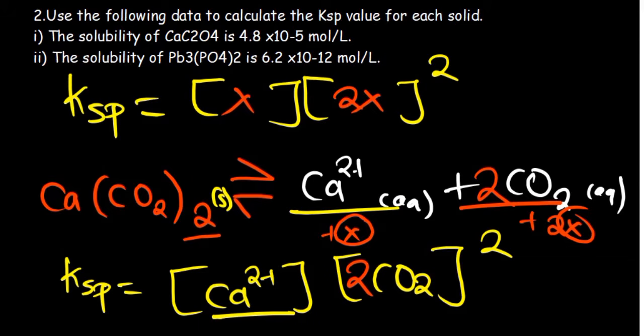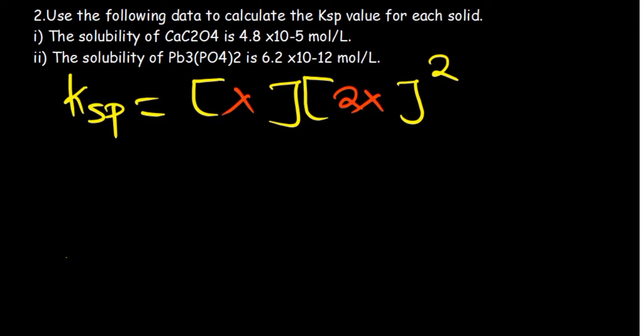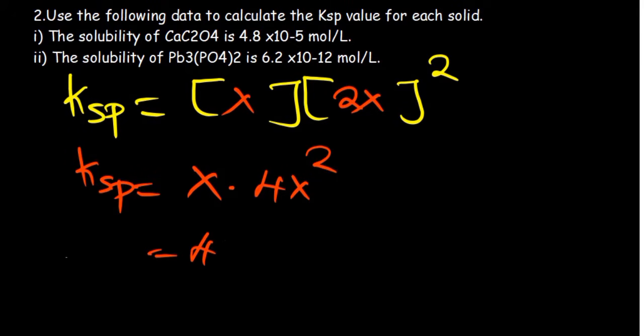So as we get to simplify that, our KSP expression therefore is going to be equal to x. 2x squared is the same as 4x squared, and then you have 4x to the power 3. So now the value of x is what we call the solubility.